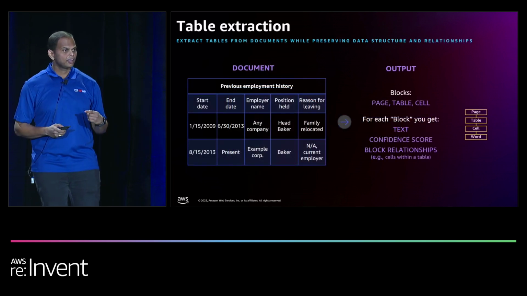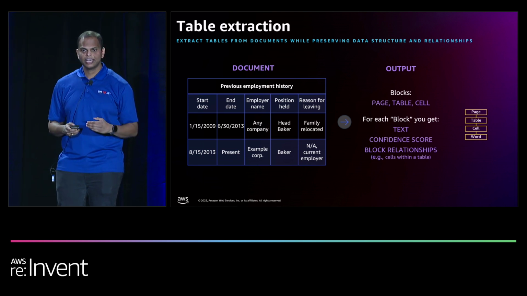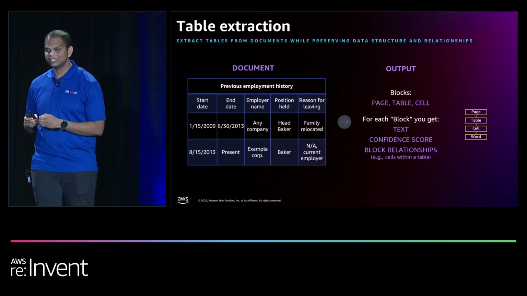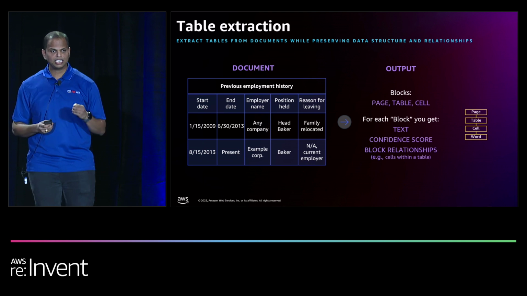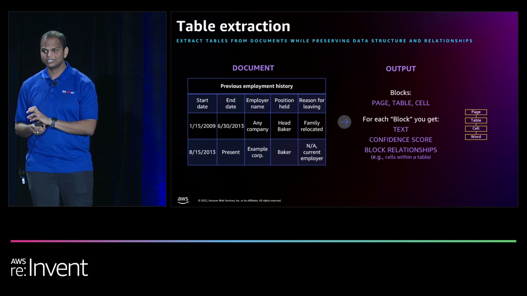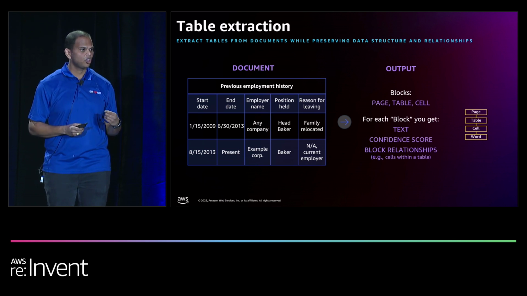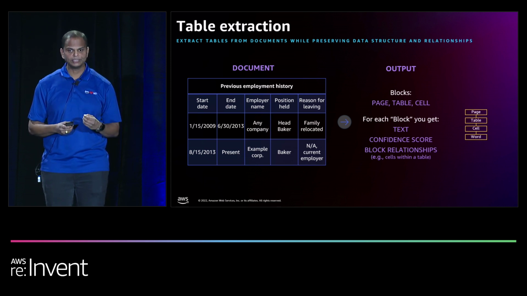But where Textract goes beyond OCR is when it extracts data from tables. It is able to preserve the relationships in the data that is extracted from the forms and tables, so that you can make sense of this data without involving any human.